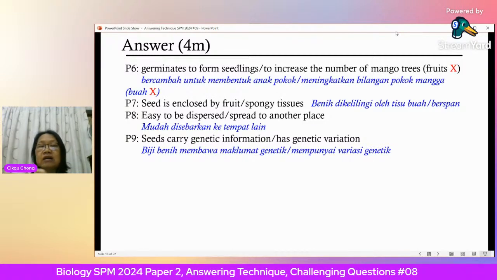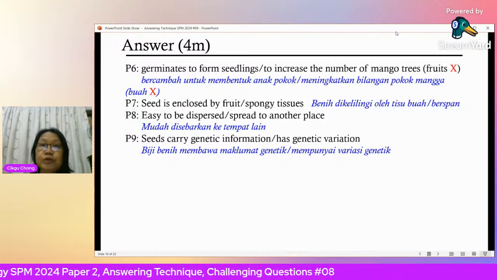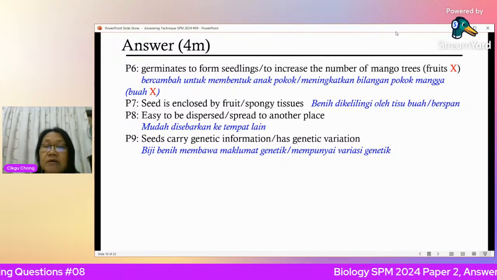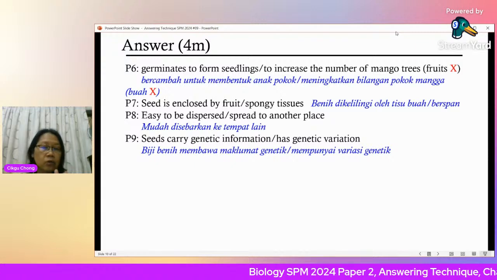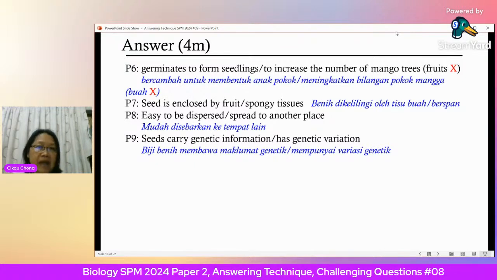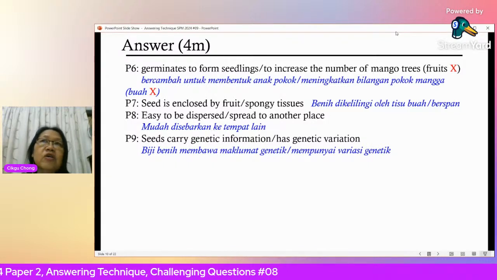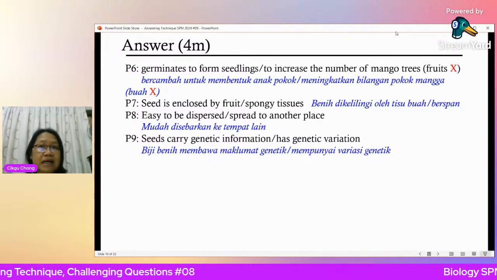You are produced from sexual reproduction. Same with the seed. The seed is also a product of sexual reproduction of the plant. So the seed will have a little bit of variation compared to the parent, that means the original plant.